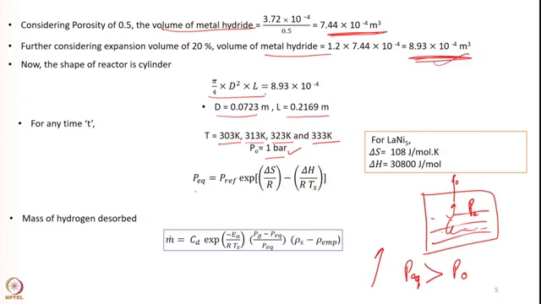Similarly, as we saw in the last question, we will calculate the equilibrium pressure also by this formula. The mass desorbed is calculated by this formula. It is important that this term in the mass desorbed is different from the formula that we have seen for the amount of mass absorbed.